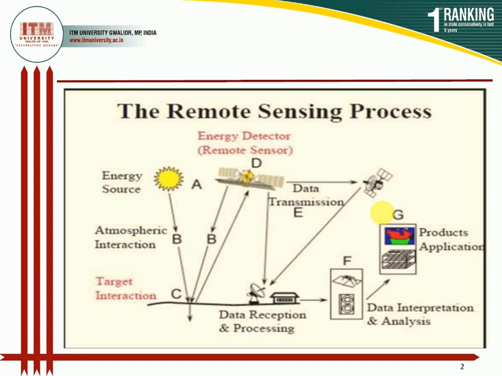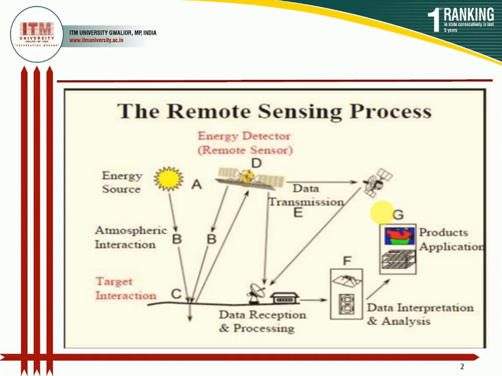Later on, after some time, it emits some other radiation having a different wavelength. Then it is also considered emitted passive remote sensing, meaning the remote sensing which occurs when the source of energy is natural is considered passive remote sensing.